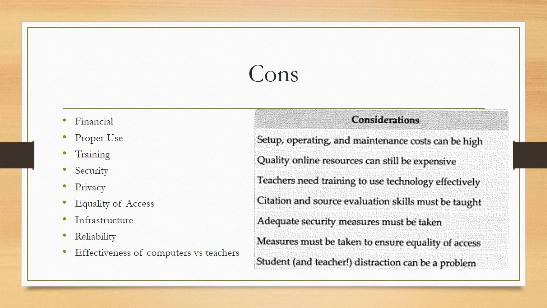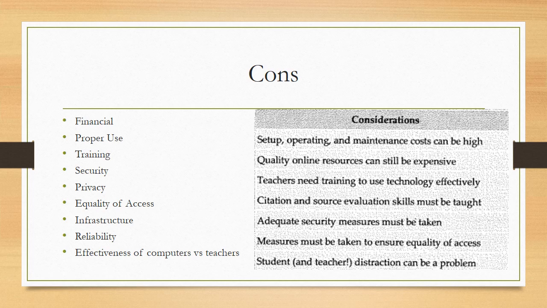Infrastructure is also a problem. In places such as Africa and other third world countries, there is no internet or equipment that these computers can be used with, so they'll be rendered useless if they can't connect to the internet, or if there's no desk to put them on, or if there's not enough room to store them. Reliability is also an issue, as if these computers fail, then the lesson plans of the teachers may totally be destroyed, and they may become more of a problem than they are a solution.